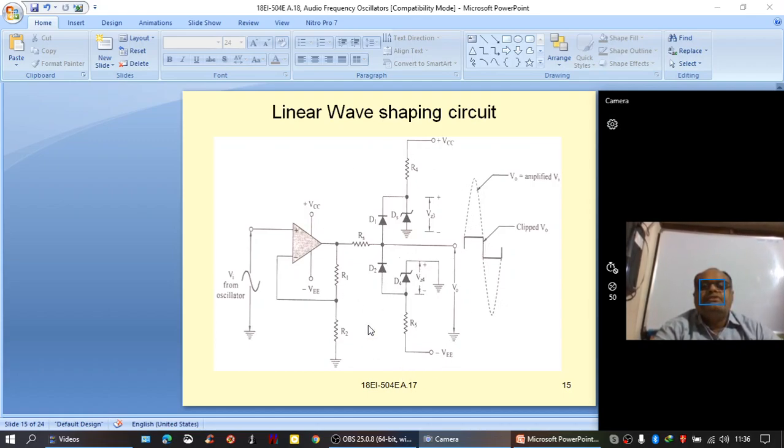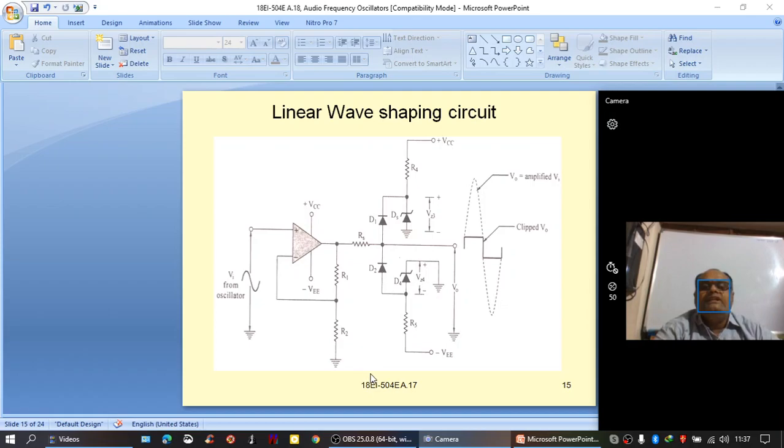Actually, this portion is meant only for clipping the output voltage. This is the Schmitt trigger circuit which produces the square wave output. If only this circuit is there, then the output amplitudes would be plus VCC in the positive state and minus VEE in the negative state.